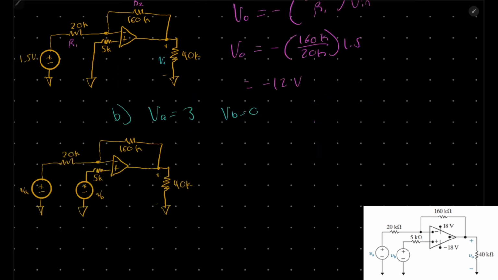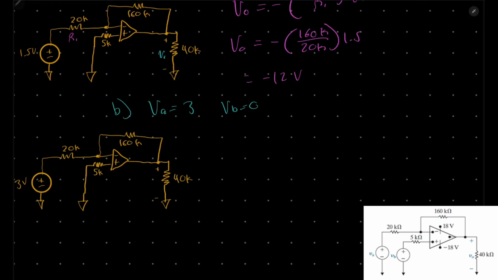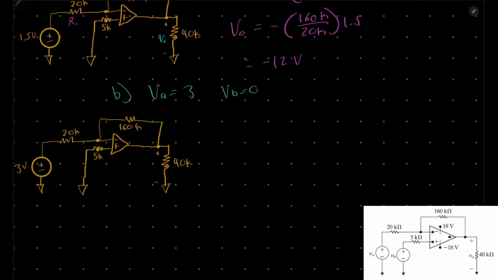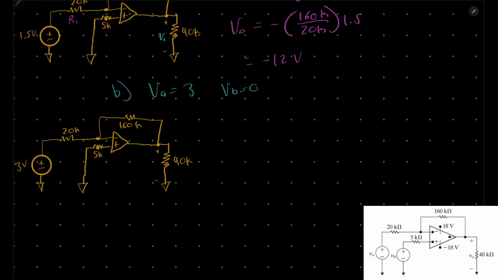Okay, so for part B, we're going to have VA equal 3 and VB equals 0. So we will label this as 3 volts and again bring this straight to ground. So again, we will do the exact same process.